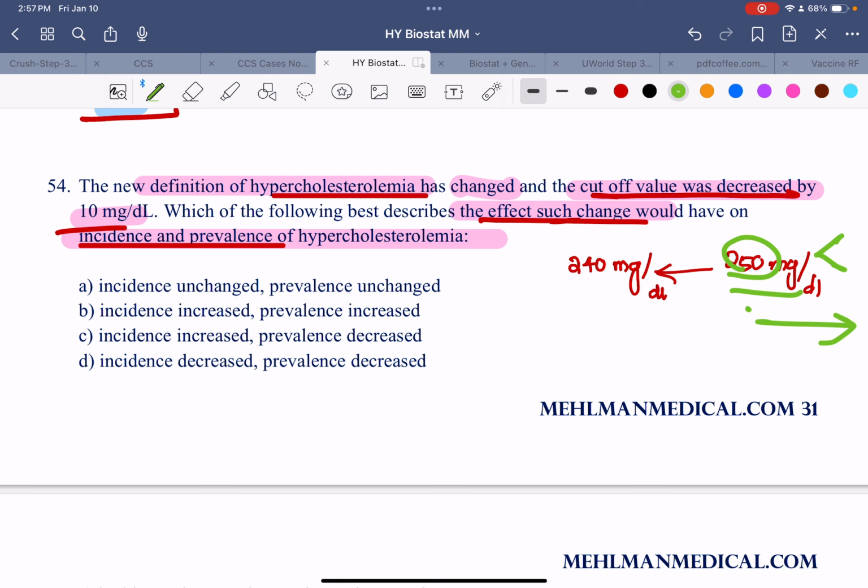But in this situation, if we look at both these numbers, the people with greater than 240 are going to be diagnosed, which means that the people who are between 240 and 250 will also now be counted as having hypercholesterolemia, which means that the incidence in this situation will increase. We will diagnose more cases of hypercholesterolemia and prevalence would also increase.